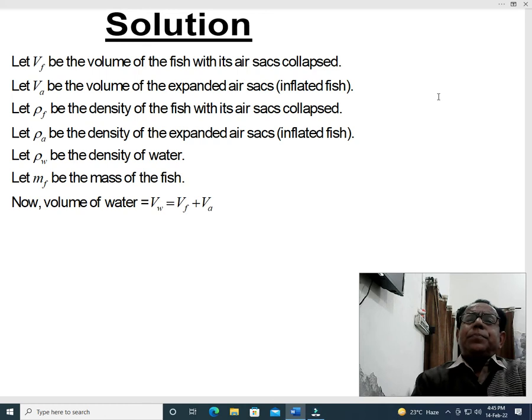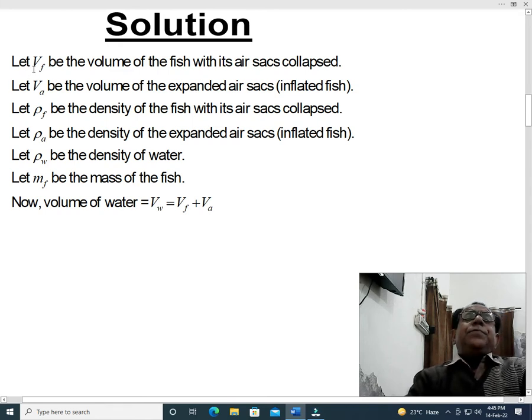Collapsed means not inflated, gathered in a short form. Okay, here dear students, V stands for volume, while rho, this P type symbol rho, stands for density.